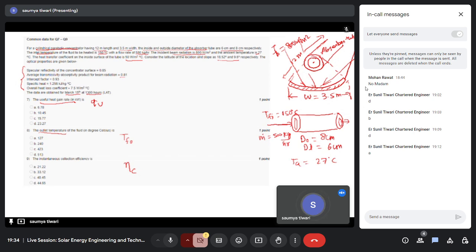The heat transfer coefficient on the inside surface of the tube is given as 550 watt per meter square per degree Celsius. Consider the latitude of the location. Latitude is given as 18.52 degree. Your slope is given as 9.6 degree.